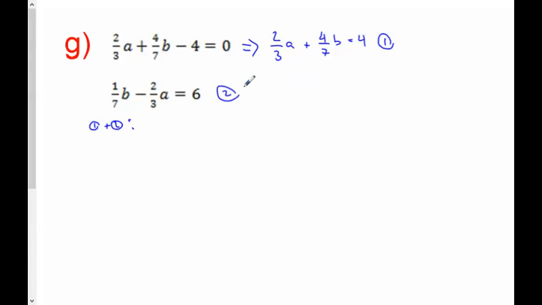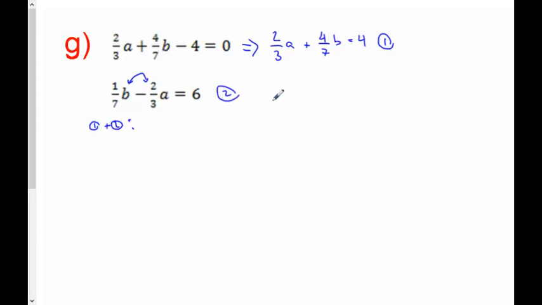I want two equations where the different terms line up with each other. So I rearrange this first one, 2 over 3a plus 4 over 7b equals 4. I'm sure you yourself can switch these two terms and the a's and b's line up perfectly. And at this point, you might be stressed out because you see fractions.